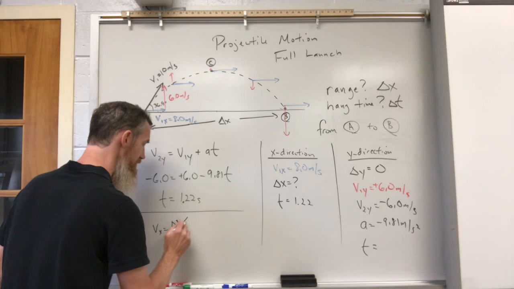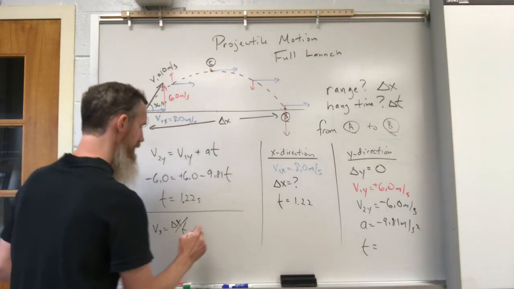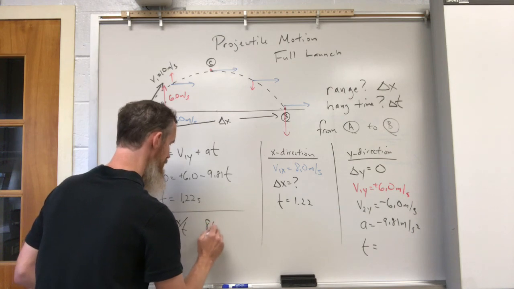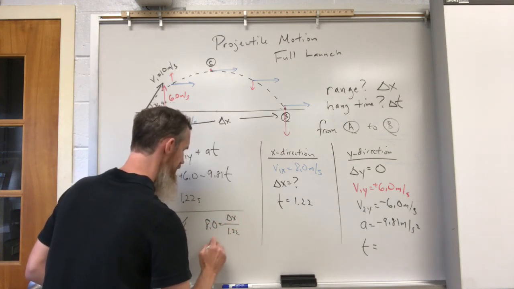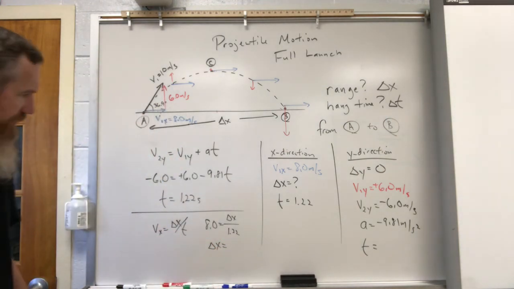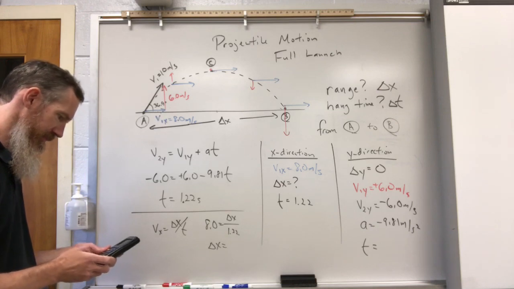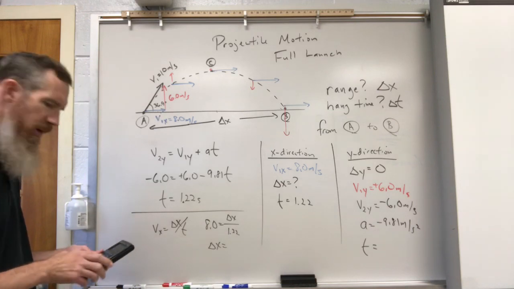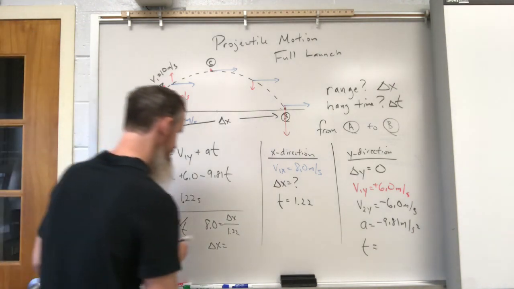No accelerations in the X direction. No acceleration formulas at all. So we have 8.0 equals delta X over 1.22. Delta X equals, we've got to multiply that out. About 1.5 meters.